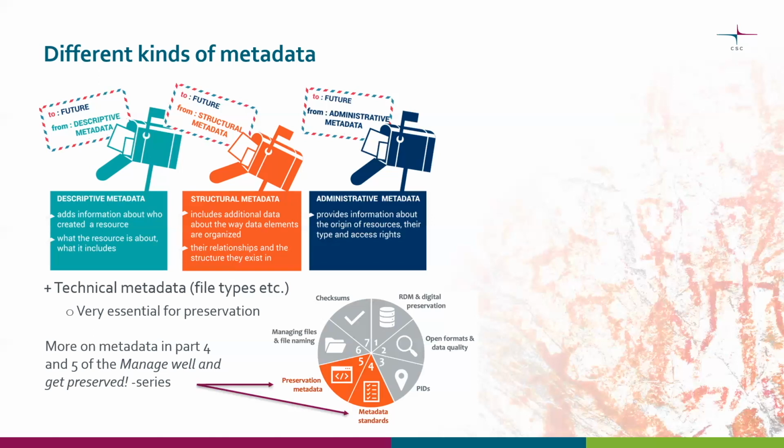Metadata has a key role in digital preservation as it describes the information content, provenance information, how this came to be, and how the content can be used. Providing metadata enables you and others to make use of the data later. Metadata also makes your data understandable, discoverable, and reusable.